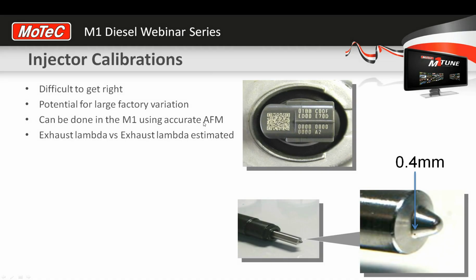And now just a final screen on injector calibrations. So why have I said all webinar that they're hard to get right? One of the more simple to explain reasons is that modern injectors have multiple holes in them, so that you can have a good fine spray going to all locations of the combustion chamber.